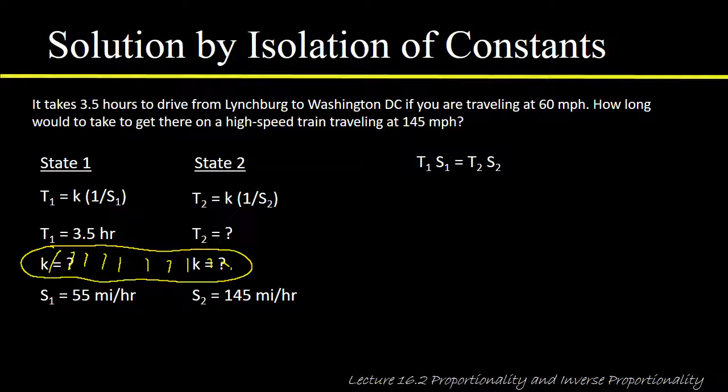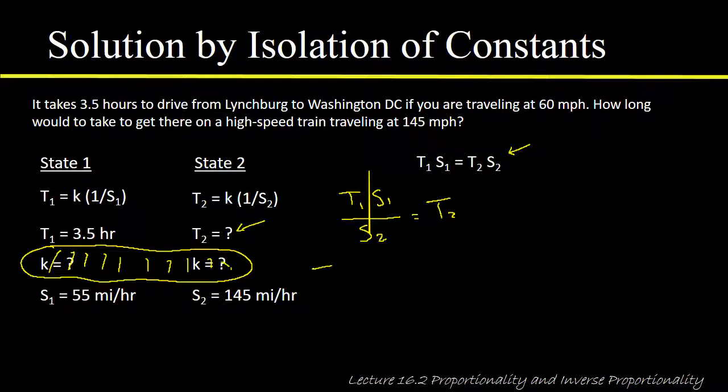The only thing we need to solve for is t2. So we look at this equation here. We want to isolate t2. We can do that if we divide both sides by s2. So this tells us that t1 times s1 divided by s2 is equal to t2.